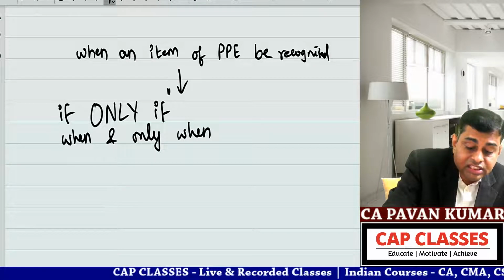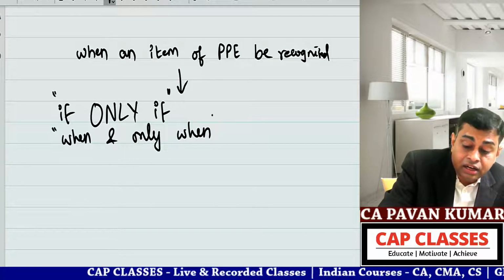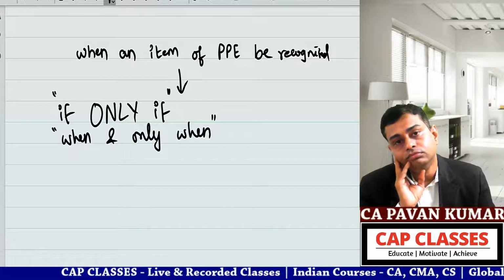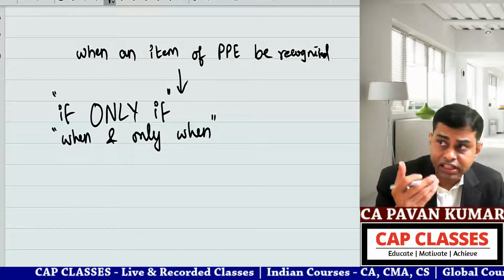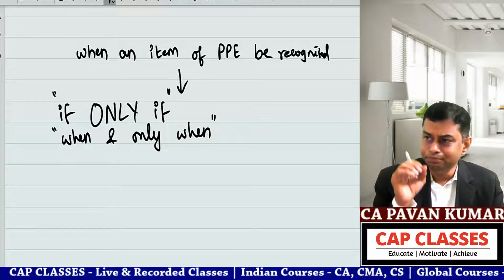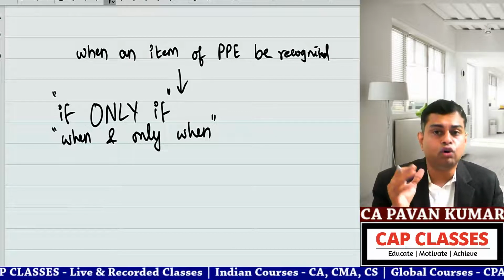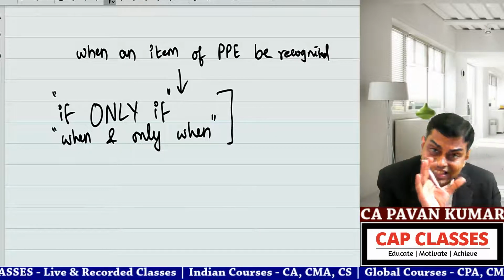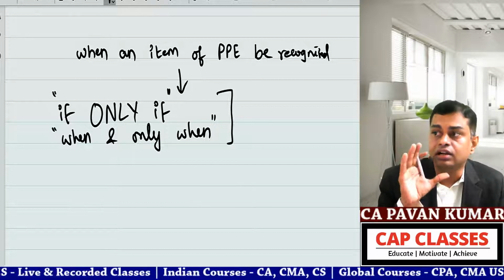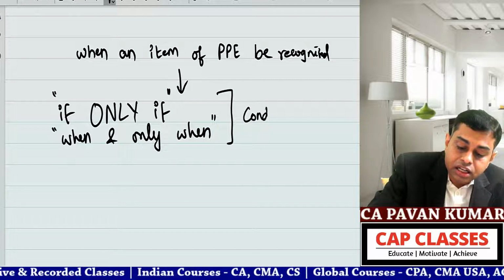An item can be recognized if and only if. An item can be recognized when and only when. These two phrases used in accounting mean there are conditions.